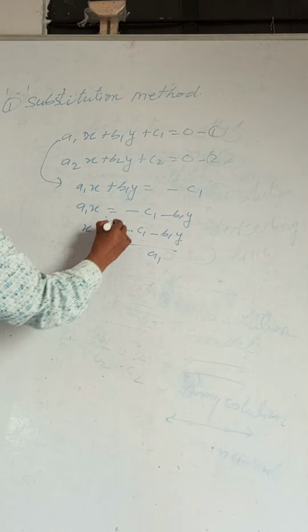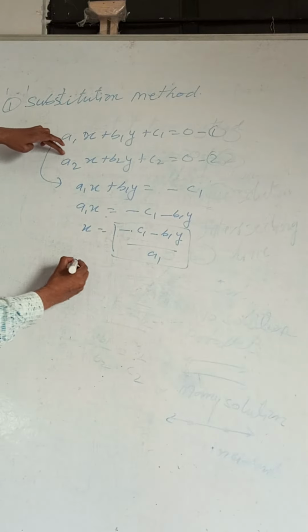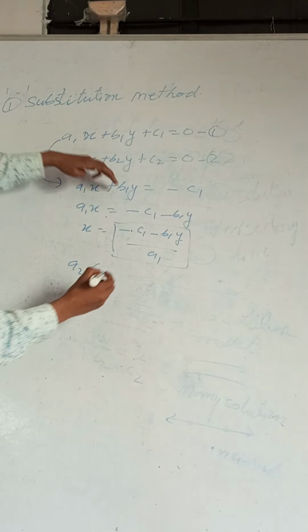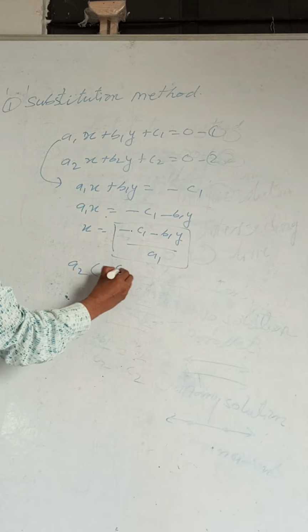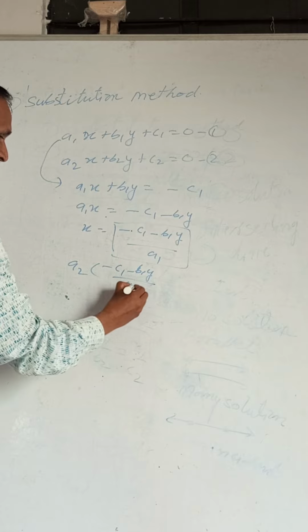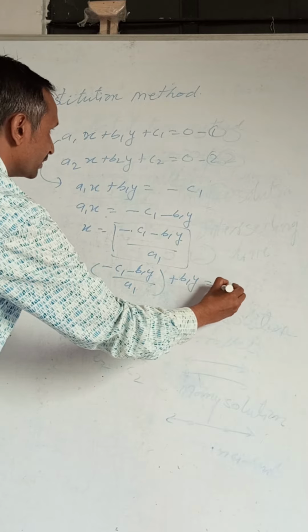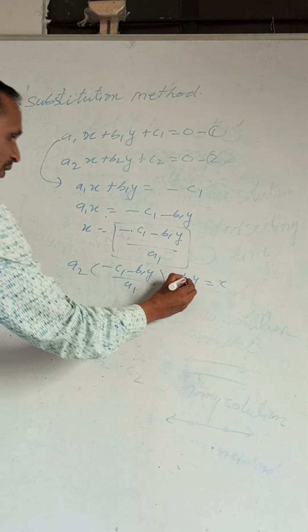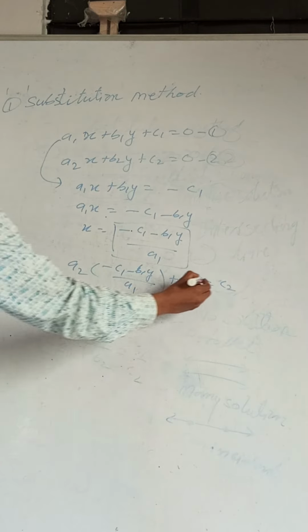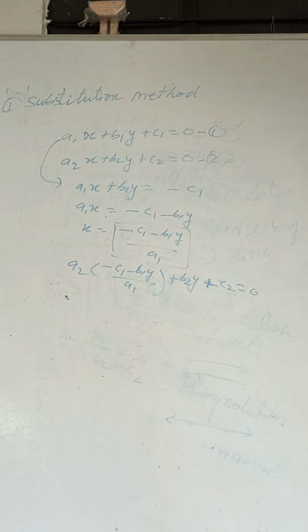If I substitute this value of x into the second equation, it becomes a2 times (minus c1 minus b1y) by a1, plus b2y plus c2 is equal to 0. This is called the substitution method.